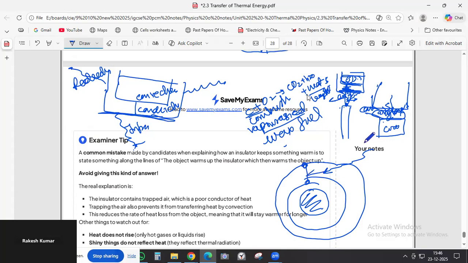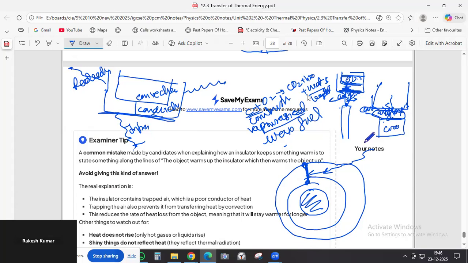This absorption of energy depends on the color and the energy gap between the shells. Black has the ability to absorb all the colors.